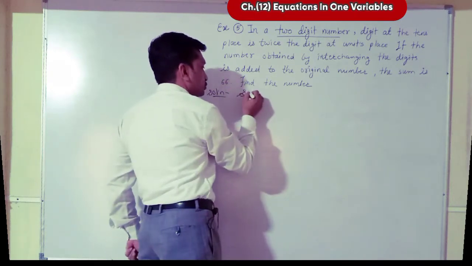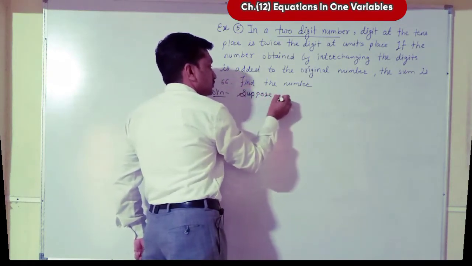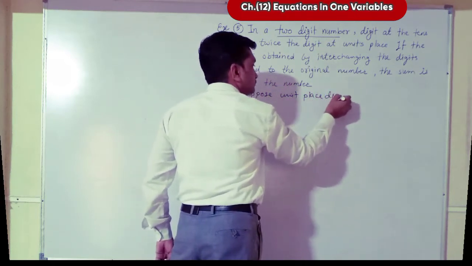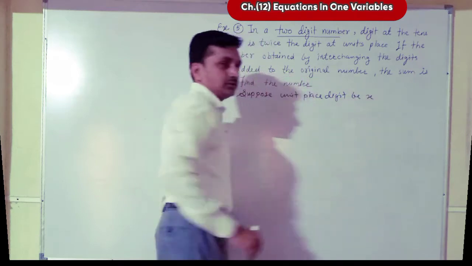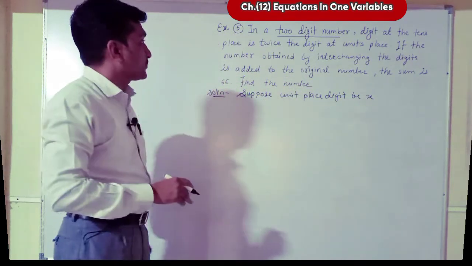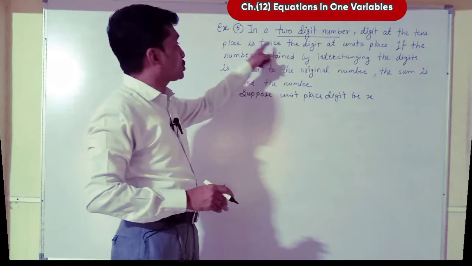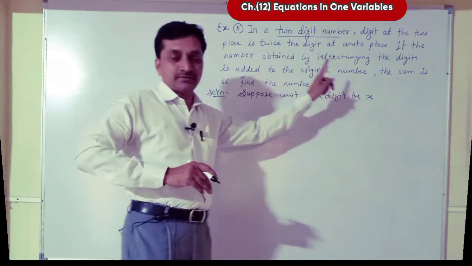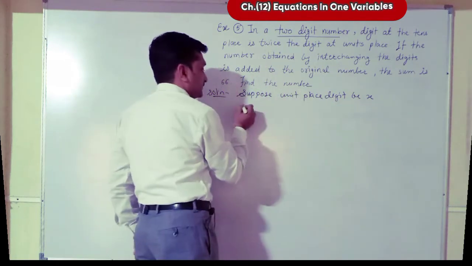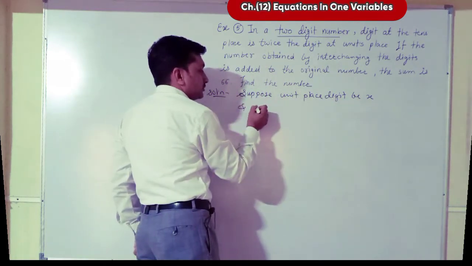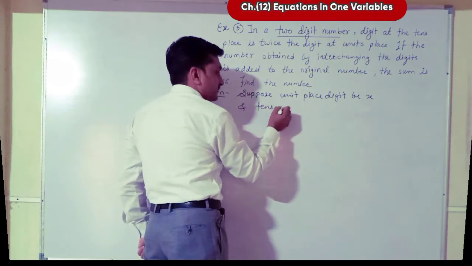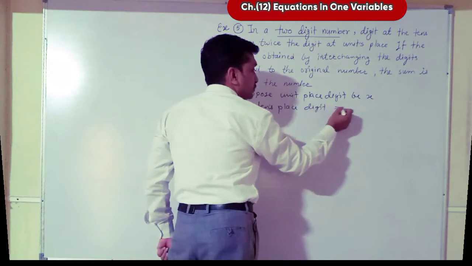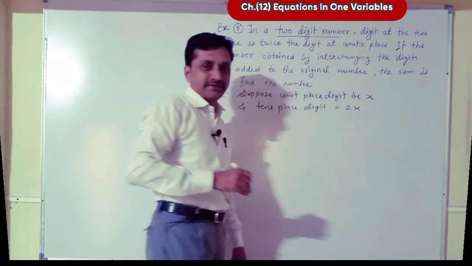Suppose the unit place digit be x, and the tens place digit is twice the digit at unit place, means 2x.